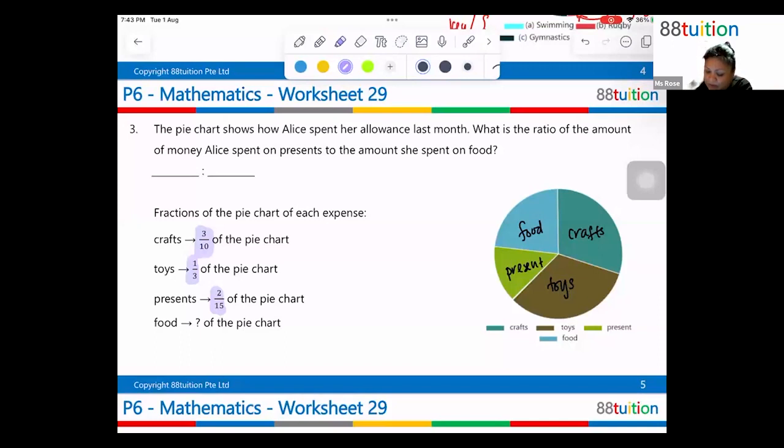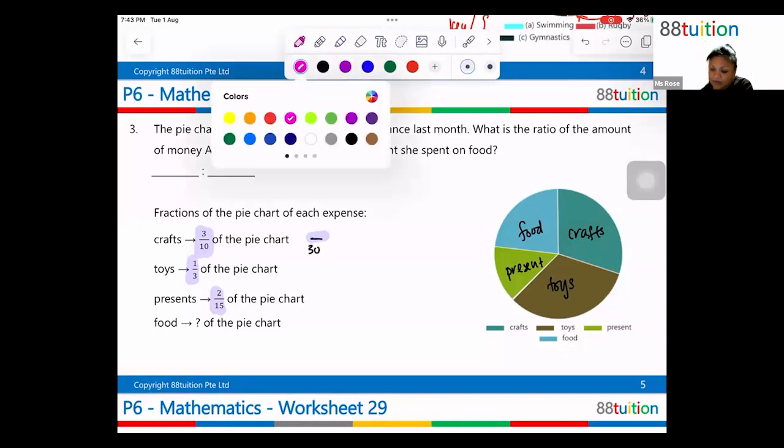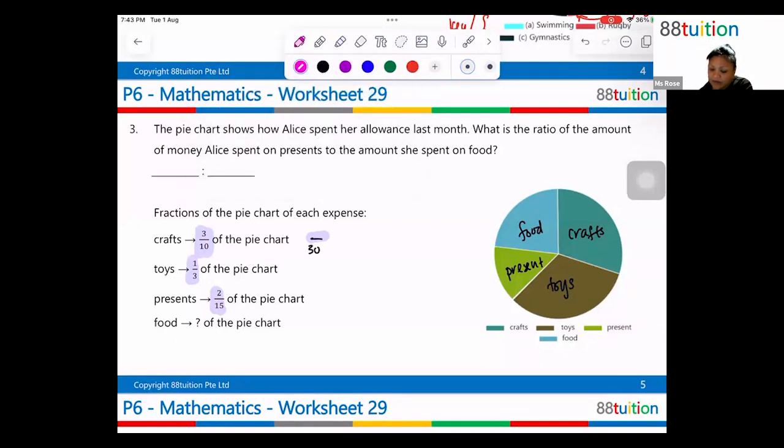All right. So we know that we need to change the crafts, toys and presents to denominator 30. Denominator 30 will give me times 3, 9/30, 10/30, 4/30. So we want to know the food.